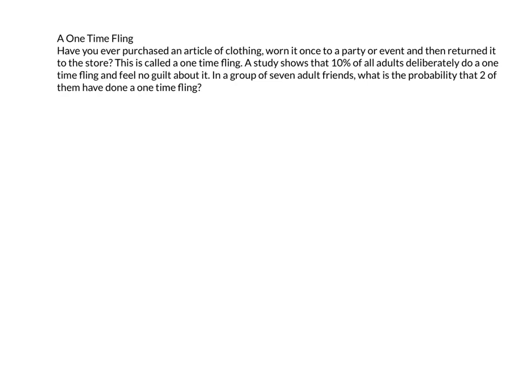For this particular problem, our number of trials is 7. We have 7 adult friends. And the probability is 10%. So the probability that an adult has committed a one-time fling is 10%, which means that the probability that they have not is 90%.